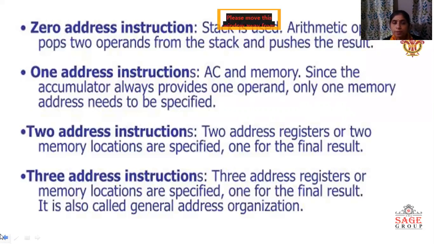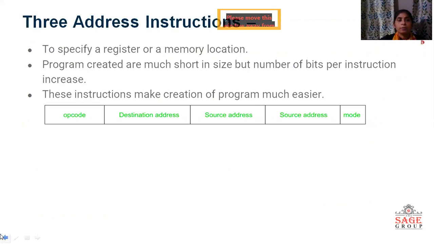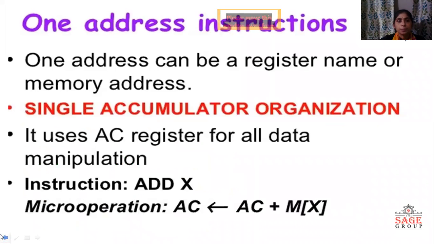In case of zero address instruction, we will use two instructions, push and pop, and in case of one address instruction, we will use the accumulator and a memory address. We have taken the same expression for one address and zero address instruction. One address can mean a register name or a memory address.